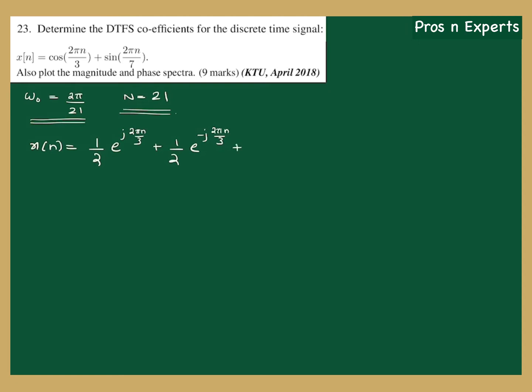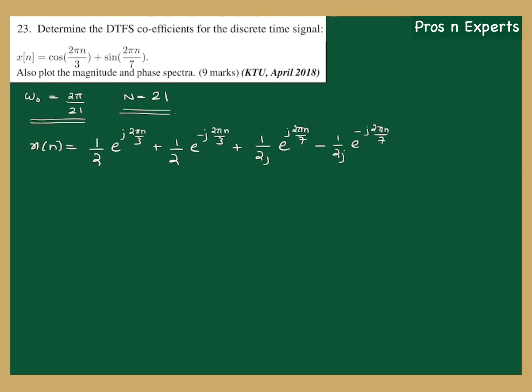Plus, what is sin theta? Sin theta is e raised to j theta minus e raised to minus j theta, whole divided by 2j. So I take 1 by 2j common: 1 by 2j e raised to j 2 pi n by 7 minus 1 by 2j e raised to minus j 2 pi n by 7. This is just an application of Euler's theorem. We have done this in several previous problems.